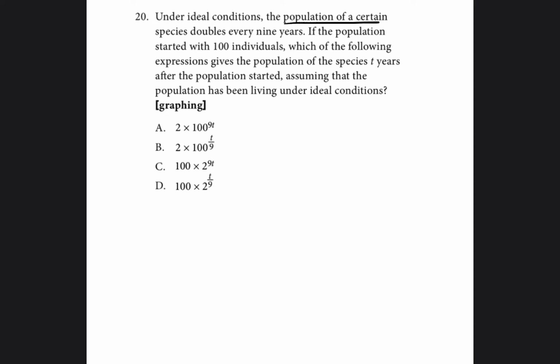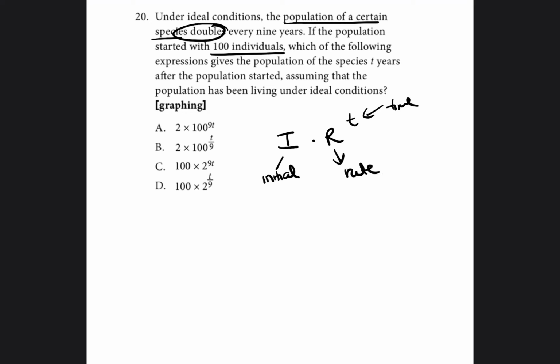The population of a certain species doubles. It starts out at 100, so it's initial times the rate, and then time. So initial is 100 times the rate.